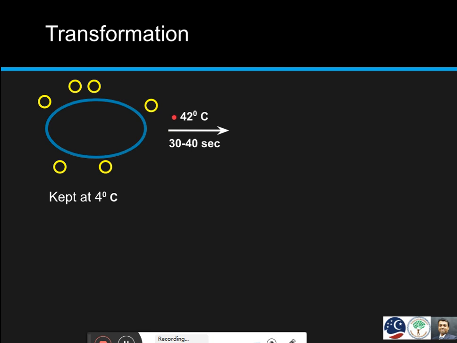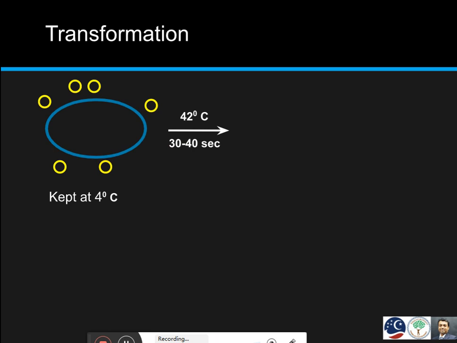Then after this time period is over, we will keep the tube containing the plasmid vectors as well as the host cells back at 4 degrees centigrade. This brief time period of high temperature is giving them a temperature shock. We generally call it a heat shock.